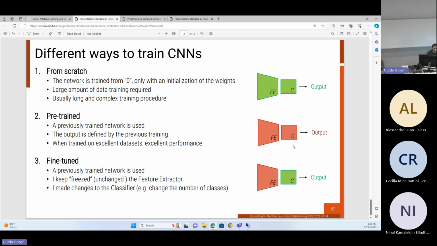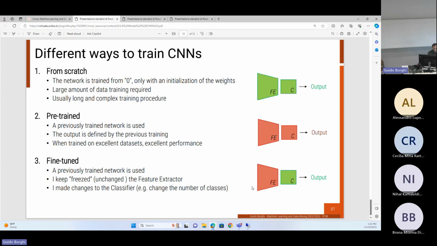Then we freeze the feature extraction part. We block the weights, so we don't change the weights of the feature extraction part during the training procedure. But we modify only the weights of the classifier, the last part of the network, the multi-layer perceptron.